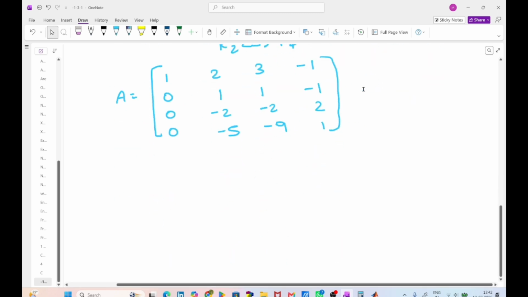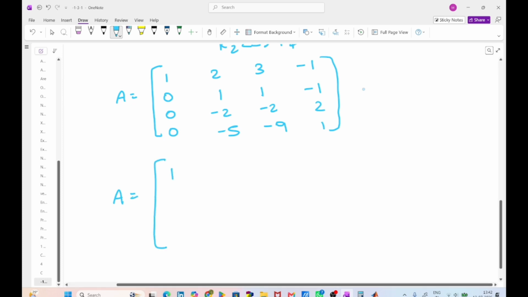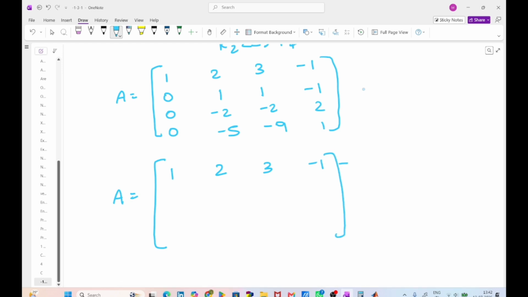Now we need to make this minus 2 as 0 and then minus 5 as 0. For that, let's write A is equal to first row as it is, 1 2 3 minus 1, let it be R1, and then 0 1 1 minus 1, this is R2. Then R3, we need to make this 0.